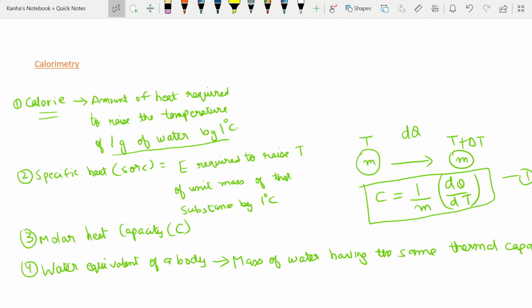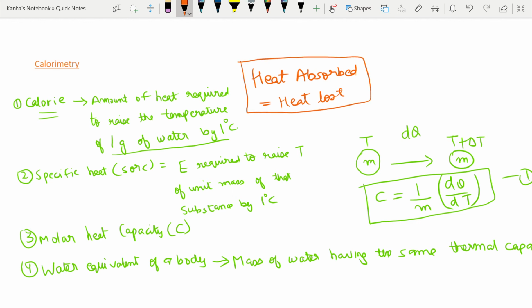So the body at the higher temperature will release some heat, while the body at the lower temperature will absorb the same heat. So the basic principle of calorimetry is heat absorbed is equal to heat lost. This is the entire principle of calorimetry.